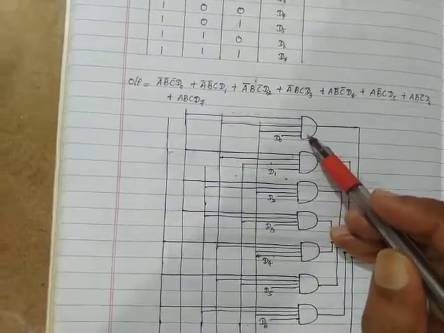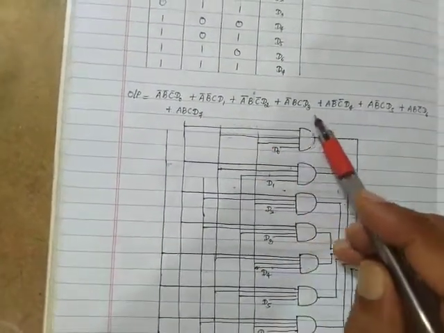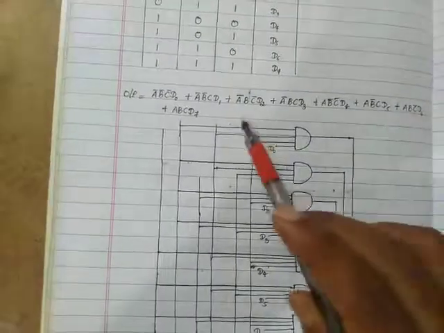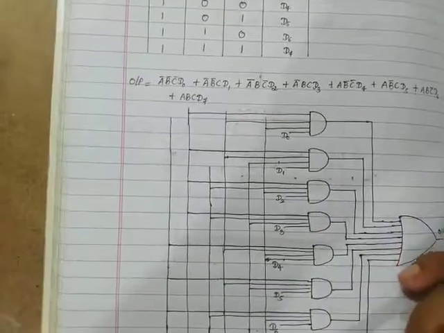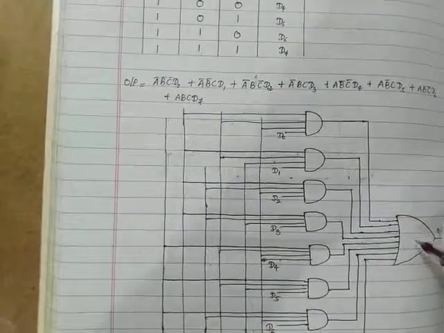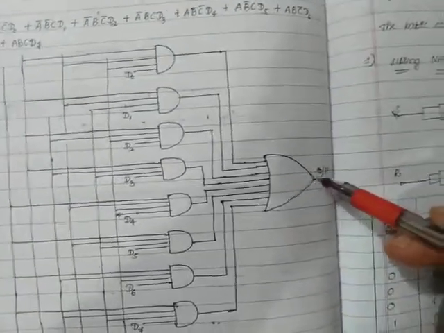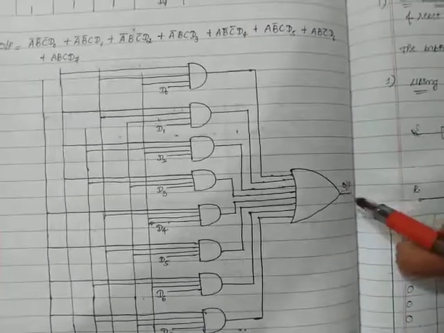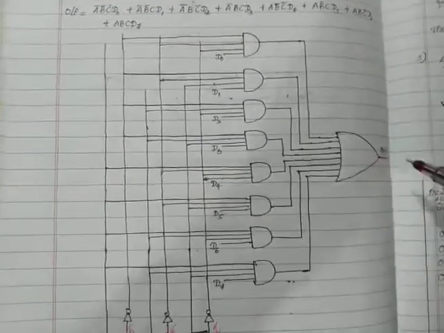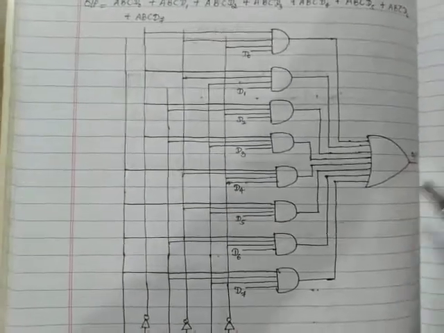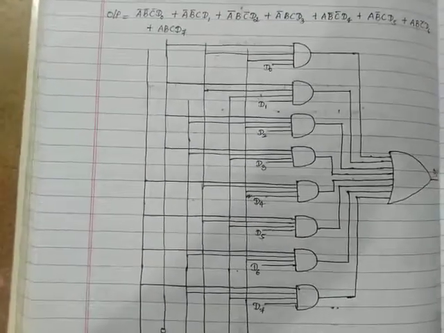And this is one AND gate. Like this, you should draw the AND gates for these terms. In total I will get 8 AND gates. Then afterwards, combiningly, I can give them to the OR gate. Hence I will get the output at the OR gate. Okay, this is how you should write the 8:1 multiplexer. This is all about the multiplexer part.